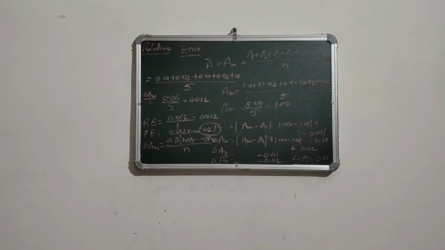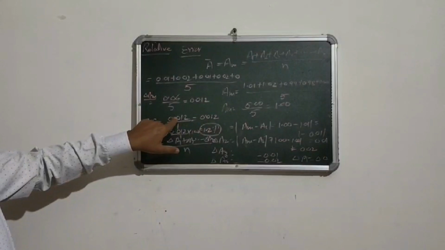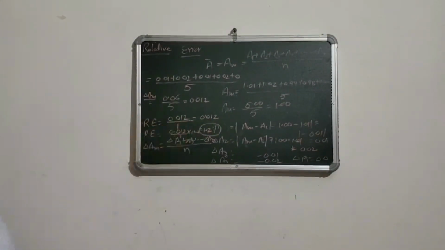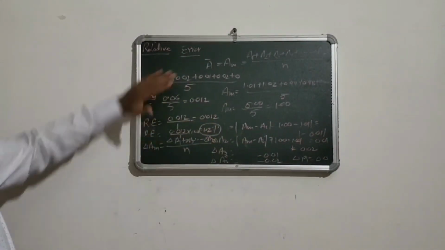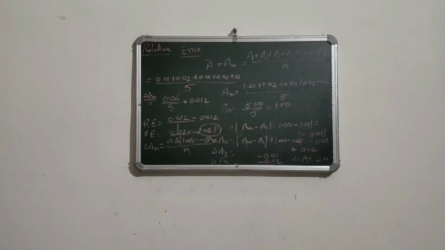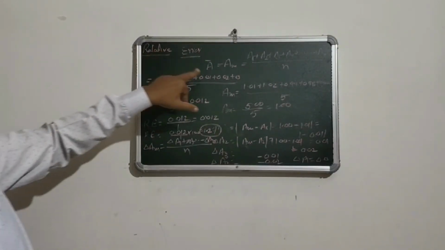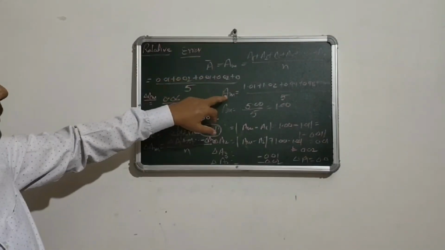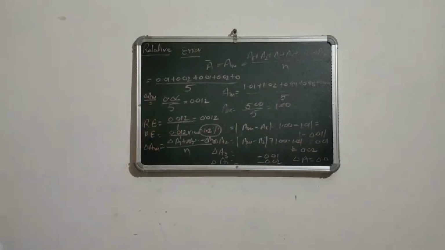Clear? Because the percentage of relative error is 0.012 upon 1 multiplied by 100, we get 1.2%. That's why we took a hypothetical example. In this example, we solved the mean value, mean absolute error, relative error, and percentage error.